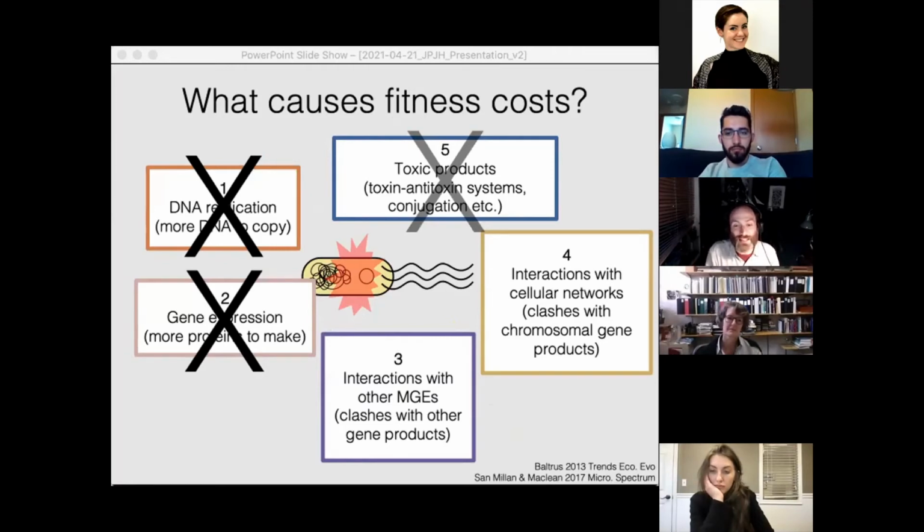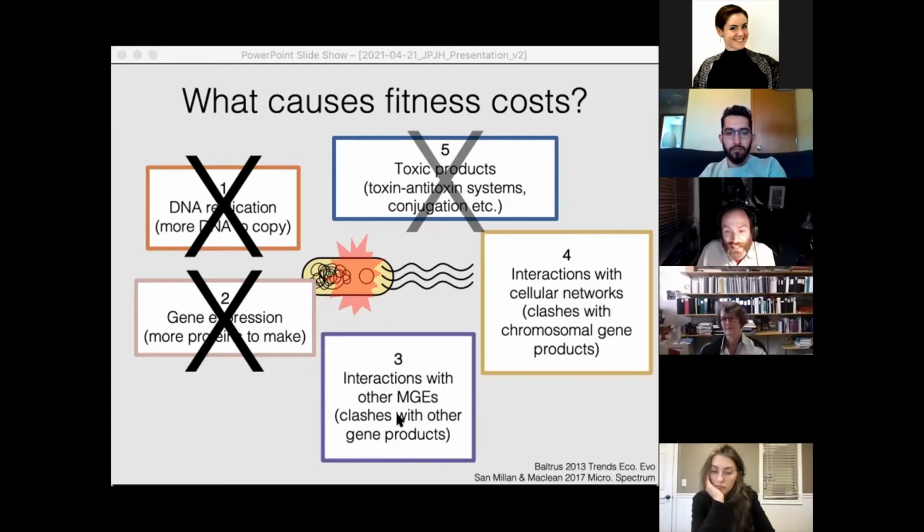What I'm saying is that in natural settings, these costs are dwarfed by the specific genetic conflicts that exist between plasmids and chromosomes. And those metabolic costs may prove to be negligible in natural settings in the context of rampant horizontal gene transfer, in adaptation to other selective pressures, and so on.